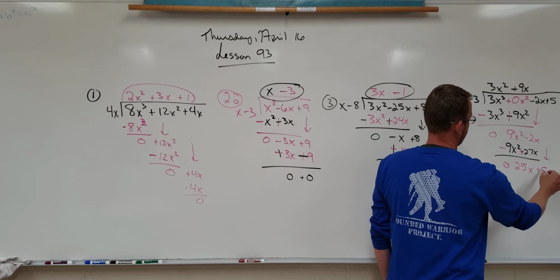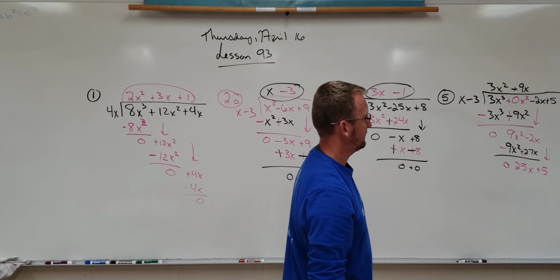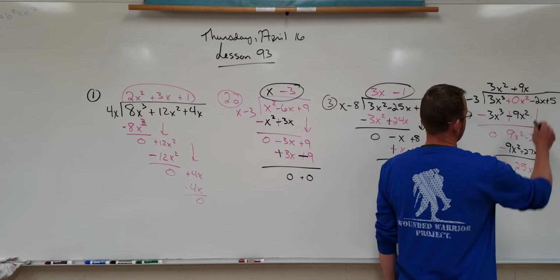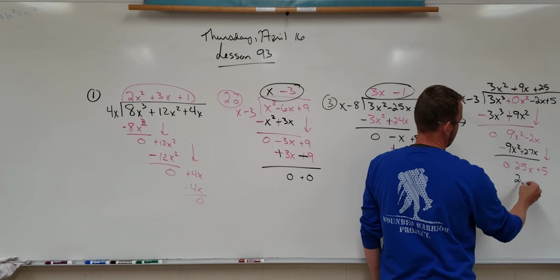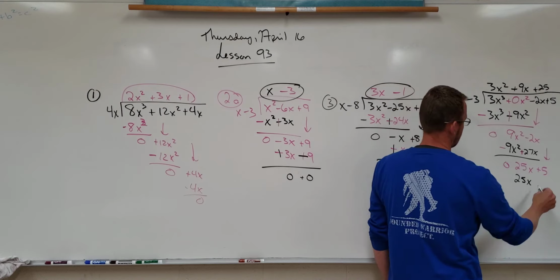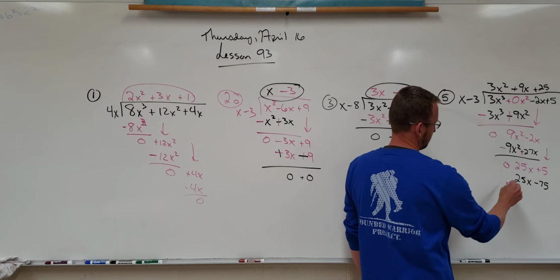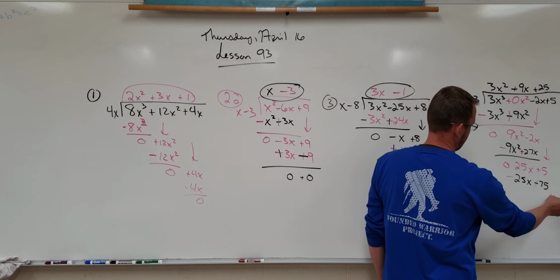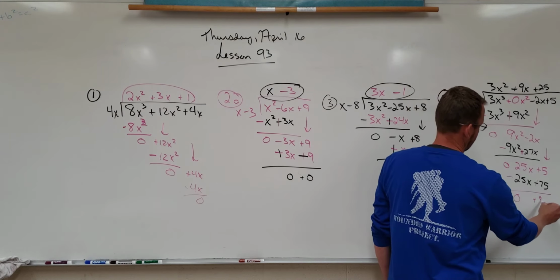Bring down the plus 5. So x times 25 will give me 25x. 25 times -3 gives me -75. Subtract, change signs. That's 0. Here I have 80.